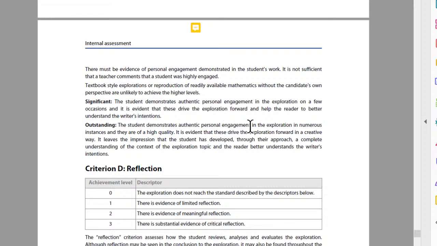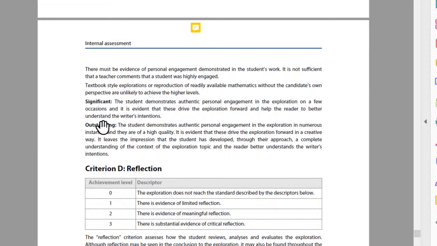Demonstrates authentic personal engagement in numerous instances, and they are of a high quality. It is evident that these drive the expression forward in a creative way. It leaves the impression that, to understand the context of the exploration topic, the reader better understands the writer's intentions.